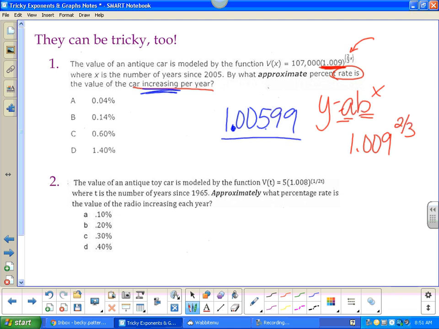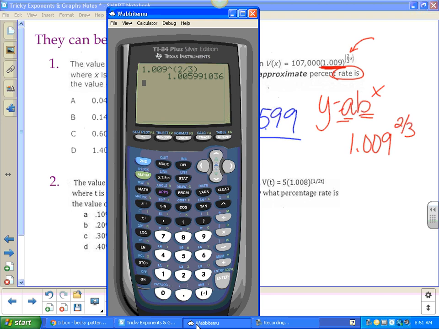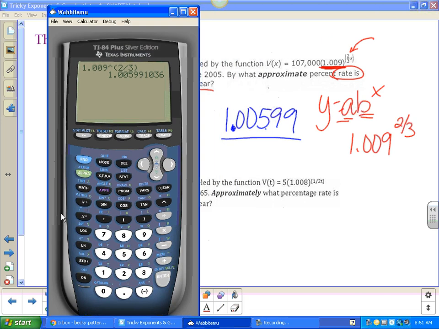The question is, how much above 1 are we? Well, you can do this in your head or on your calculator, whatever makes the best sense to you. I'm going to take 1.00599 and subtract 1 out of it. So that's how much I'm growing by.